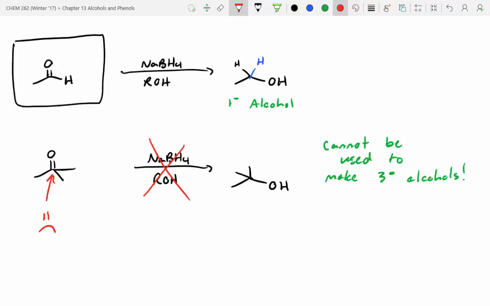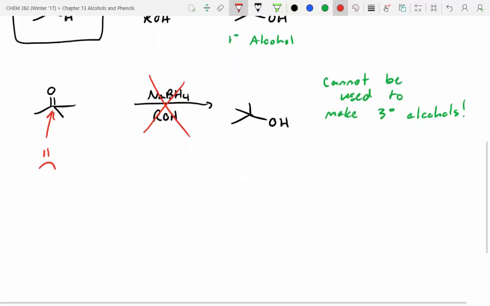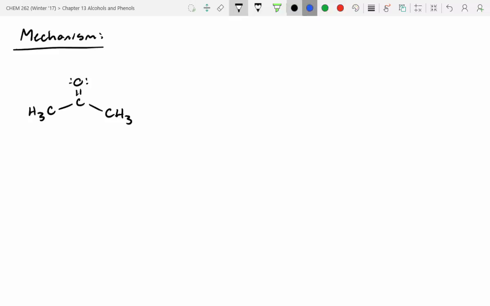All right, so let's really briefly look at the mechanism. Let's stick with our really basic ketone, and I'm just going to draw in all of our atoms right now with lone pairs. In this case, we've got sodium borohydride, so it's a boron with 4 hydrogens. I'm just going to color code one as blue. This boron has a negative charge, and the sodium is the countercation.